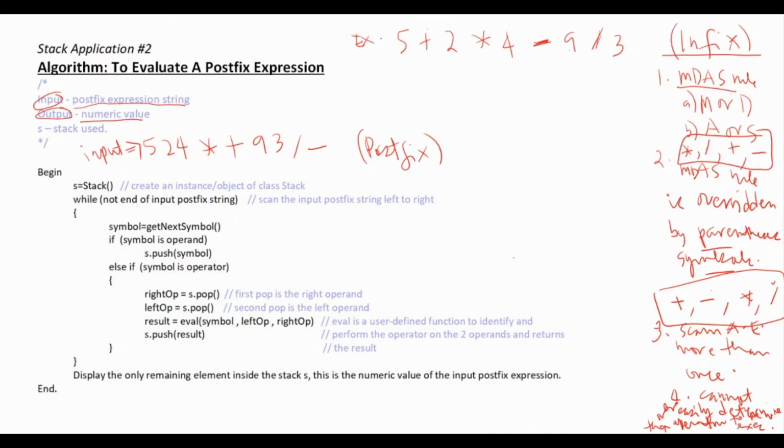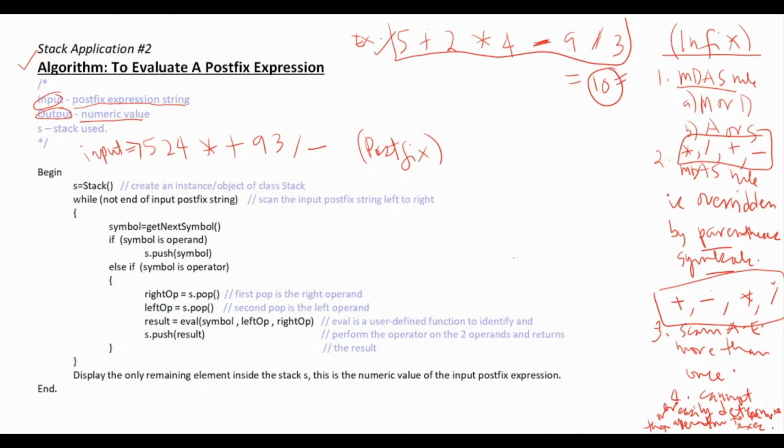Now, recall that this input postfix expression is equivalent to the original given infix. And we evaluated this a while ago and found that this infix expression has a value 10. So the output of our algorithm here must be also 10, since this input postfix expression is equivalent to this infix expression, which is equal to 10.